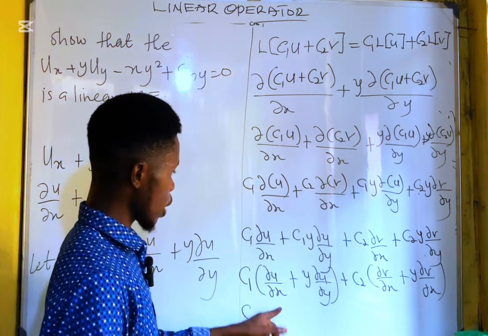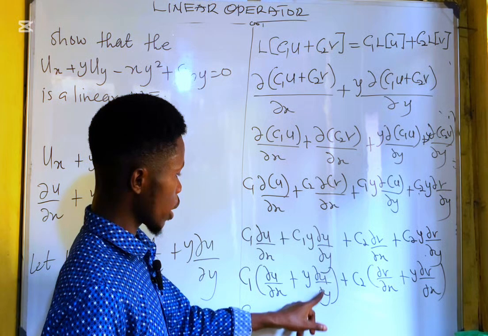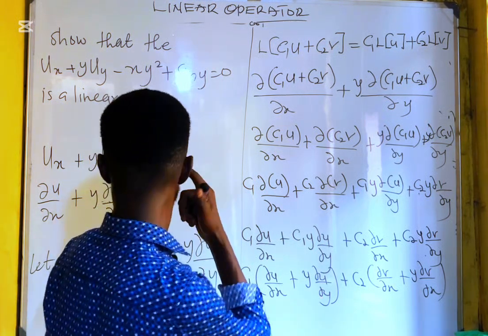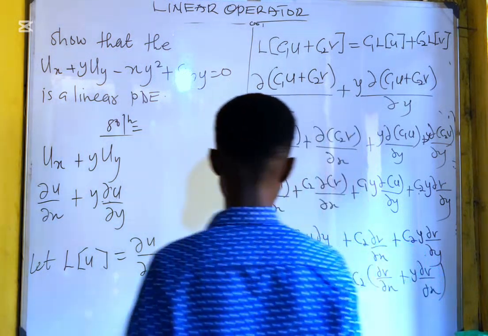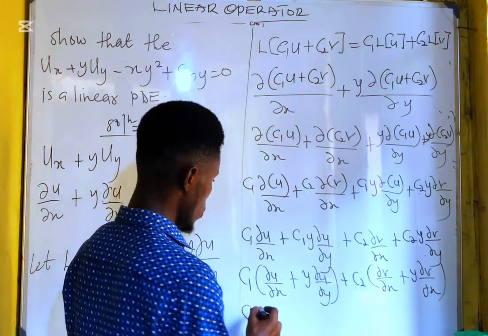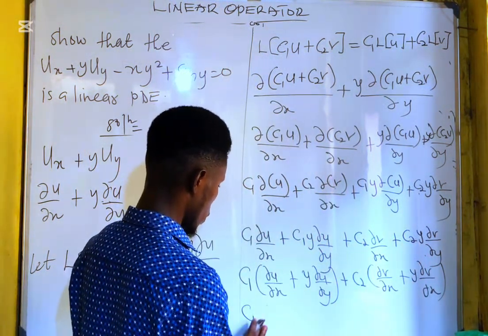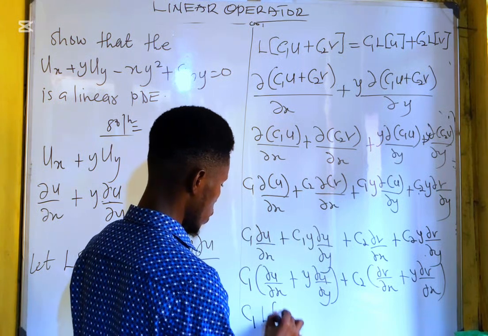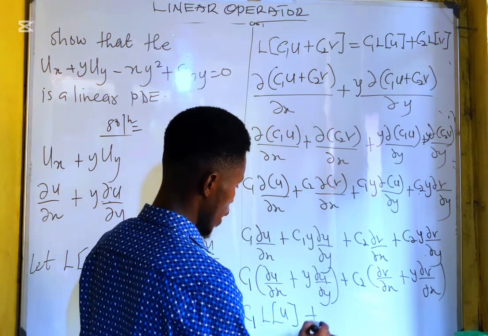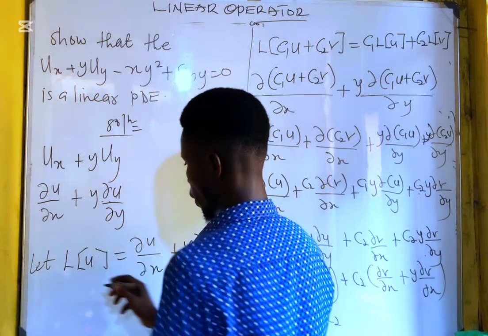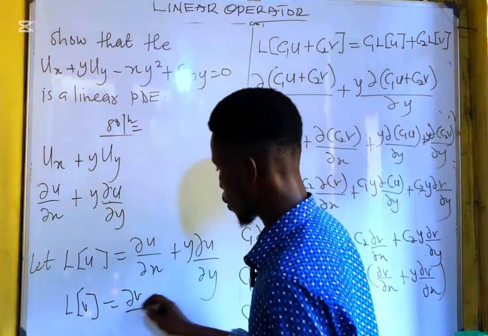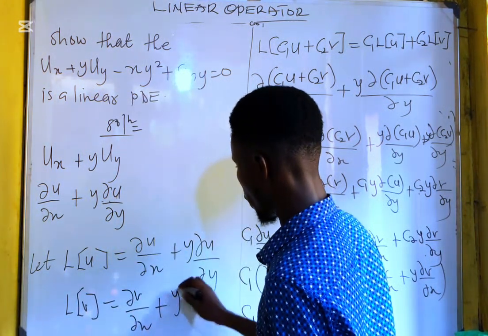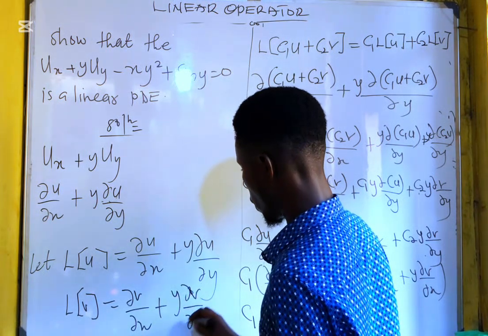Now remember delta U over delta x plus y delta U over delta y is the same as LU. Okay, so this place is going to be LU plus C2. If I bring the LV here, it will be the same thing: delta V over delta x plus y delta V over delta y.